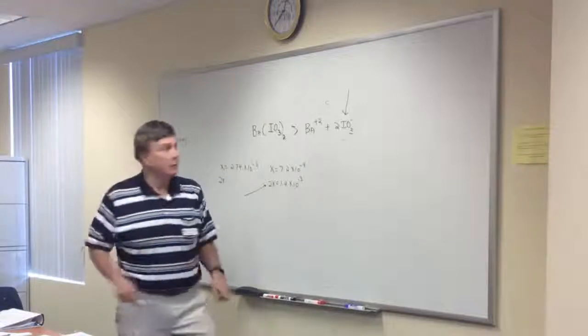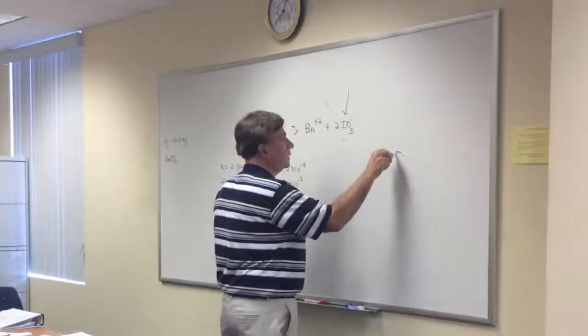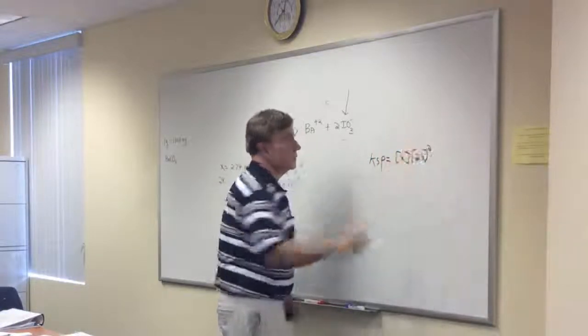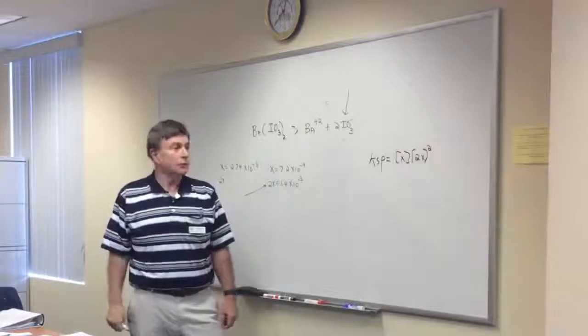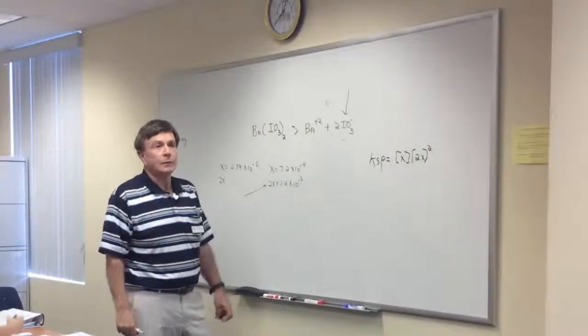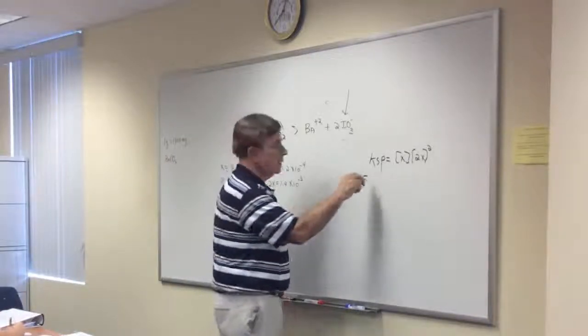x and 2x. Okay, so Ksp is equal to x times 2x squared, right? And we know the Ksp is 1.5, right?